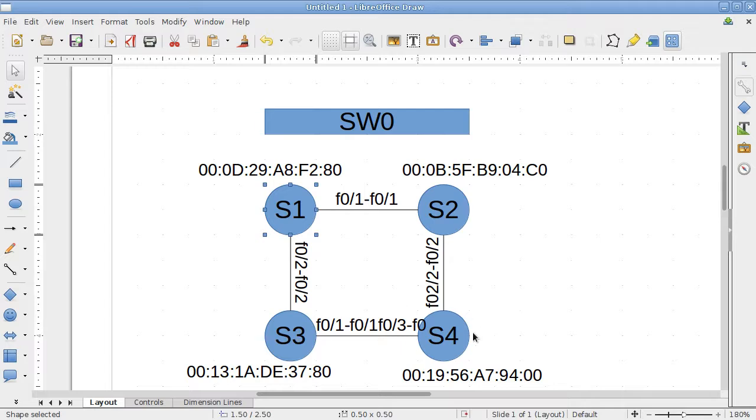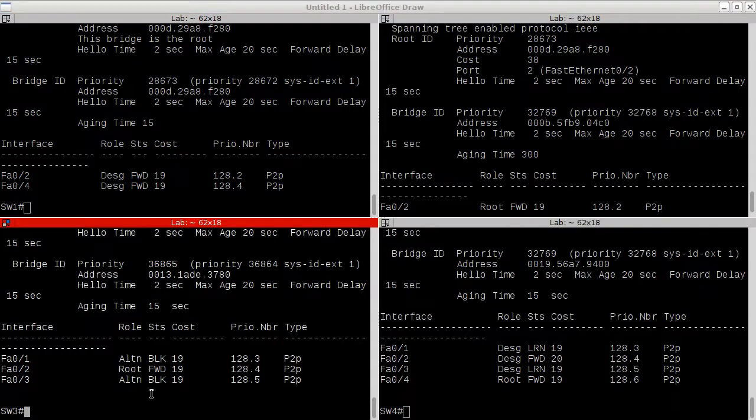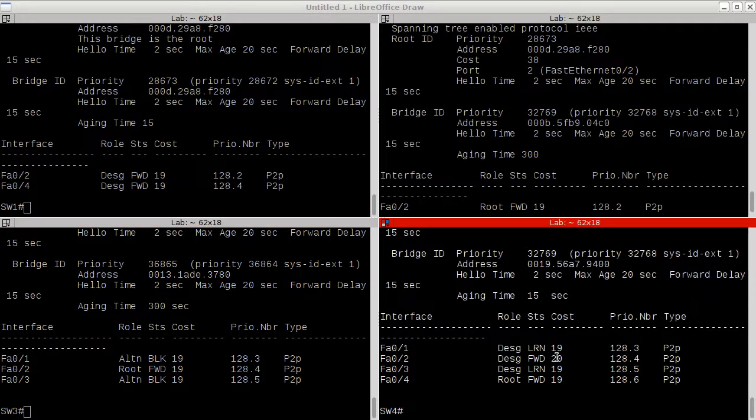And we didn't really see cost here because in the other situation we had, one of these was going through here. We could see cost by tweaking the port. So right now this side is blocking on 01 and 03, but forwarding on this side.